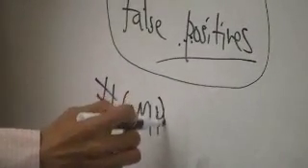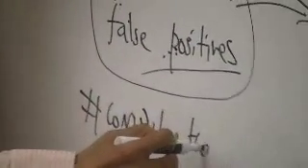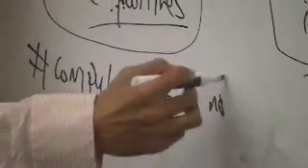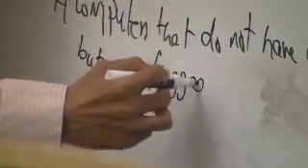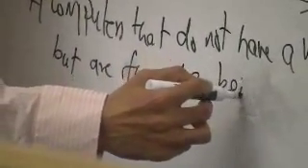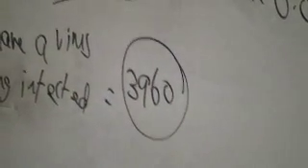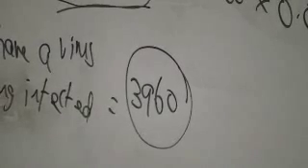So the number of computers that do not have a virus but are flagged as being infected is how much? 3960 is the number of computers that are not really infected at all, but it can say 5% of them are infected, right?